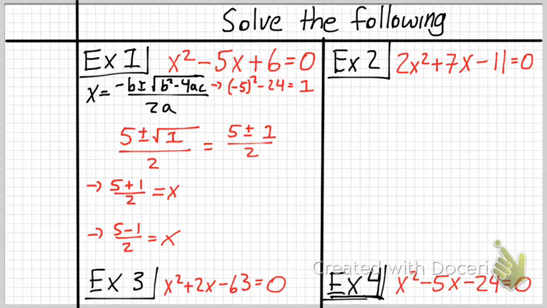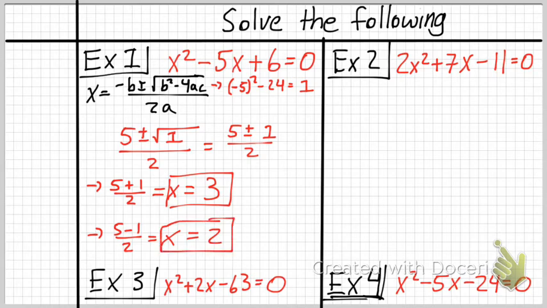So 5 plus 1 is 6 divided by 2 is equal to 3. So we have x equals 3. And we additionally have the answer 5 minus 1, which is 4 divided by 2. So we get x equals 2. So those would be my 2 solutions.